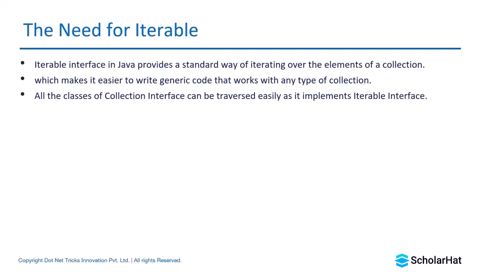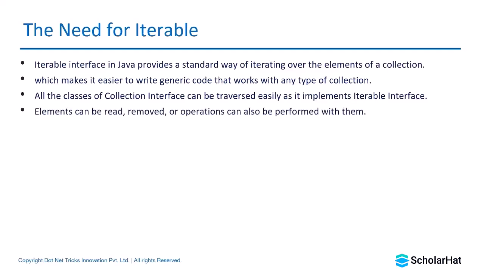As I told you in the diagram, in the hierarchy, iterable is a root interface, so it is indirectly extended or implemented by all the classes and interfaces. That's the reason all collection subclasses implement the iterable interface and automatically become a part of it. Elements can be read and removed, and operations like contains, get index of, is empty, and clear can be performed with them easily.